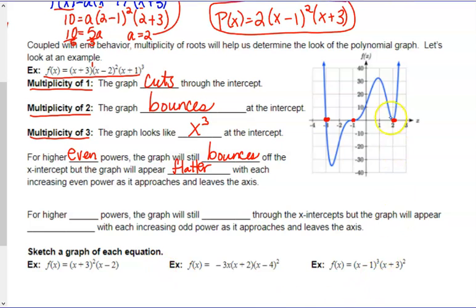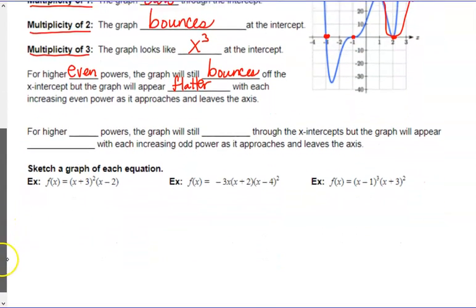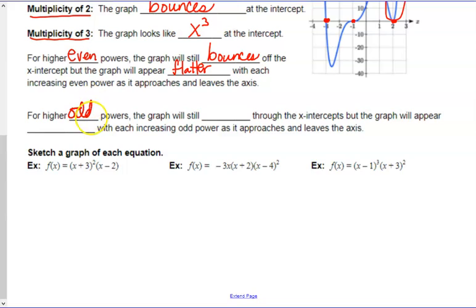So instead of something that looks like that, it may come down and kind of do something that looks like that, okay? Now, for higher order odd powers, we are still going to cut through that intercept, but the graph again will be flatter at that intercept when we increase those odd powers. So when we get to the 7th, the 11th power, all of that kind of stuff, then we flatten it out even more so here, where it ends up doing something like that, okay?